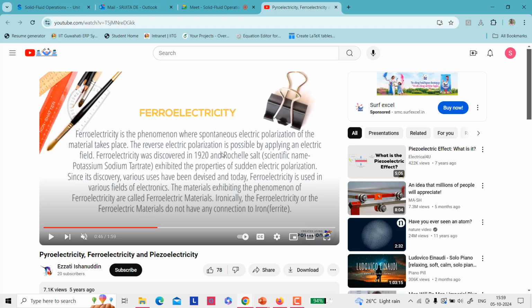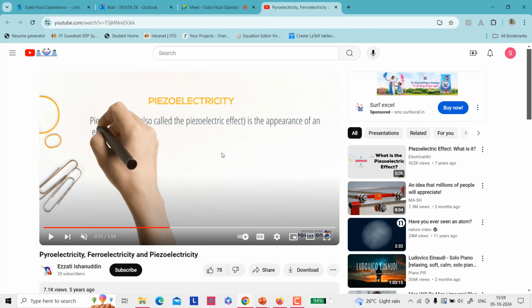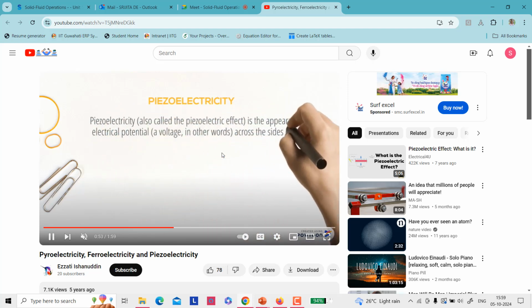Piezoelectricity, also called the piezoelectric effect, is the appearance of an electric potential, a voltage in other words, across the sides of a crystal when you subject it to mechanical stress or by squeezing it.